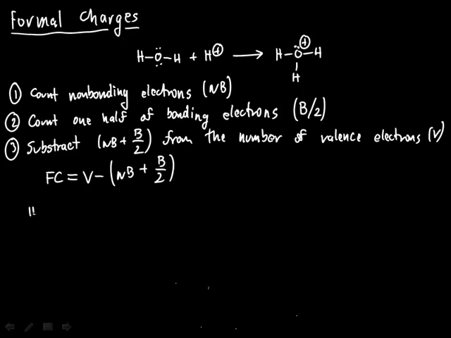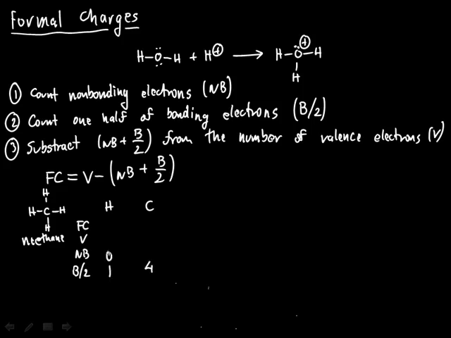So one of the molecules we'll look at is methane. Its formula is CH4. So this is methane. And we can look at both hydrogen and carbon in this molecule. So if we start counting each one of these numbers, number of bonding electrons for each hydrogen is just 1, whereas for carbon it's 4.